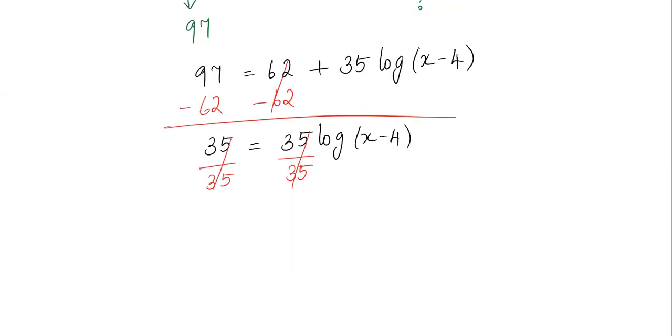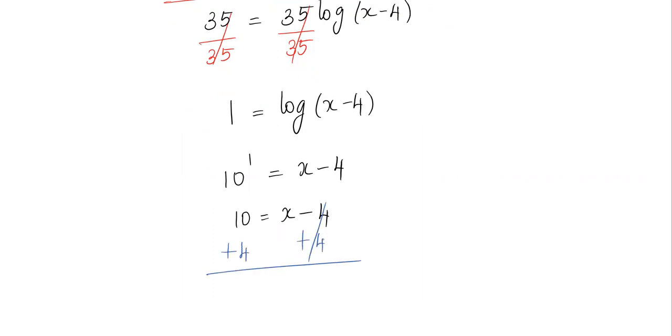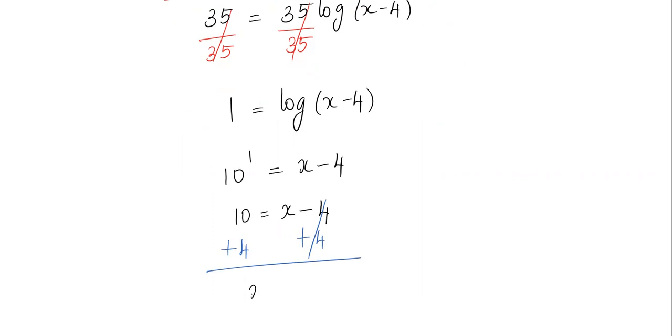Both sides it cancels off, leaving us with 1 equals log x minus 4. And this log has no base, so the base is 10. Therefore, when you convert it to exponential form, 10 power 1 equals x minus 4, which is basically 10 equals x minus 4. And then you add 4 on both sides. There almost. So x equals 14.